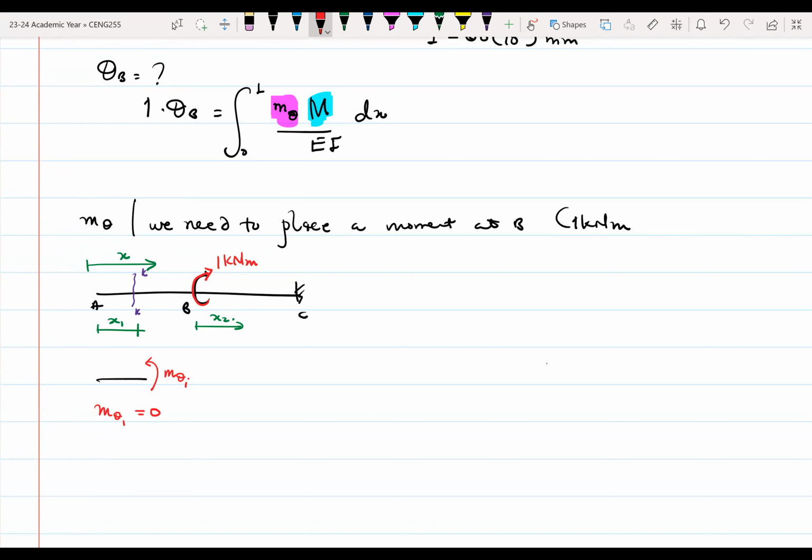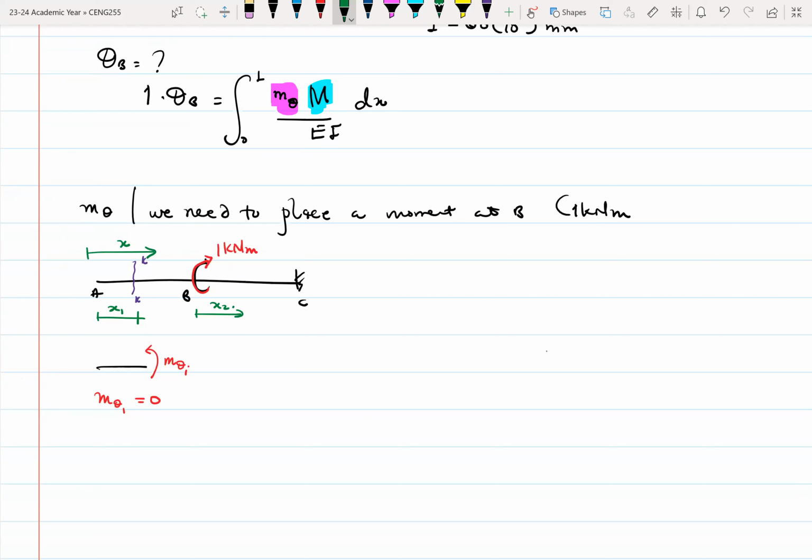Now, if you cut a section through here, let's call that section SS. So it means that from the left, I will have all of this.